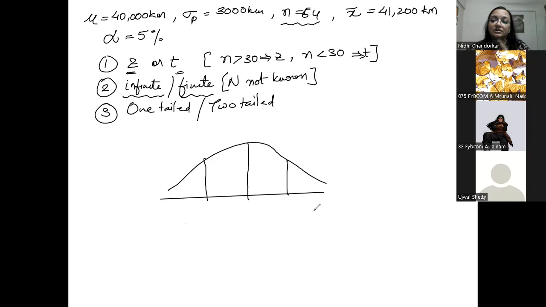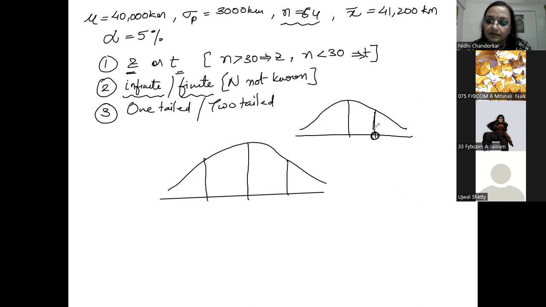Okay, but now they're specifically asking, has the tire become better? That means whether the life of the tire has increased or not. They're not bothered anything else. They would just want to find out whether it has increased or not. So significant difference हमें किस साइड में निकालना है कि significantly increase हुआ है कि नहीं हुआ है.